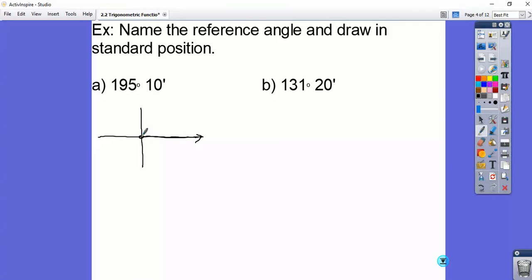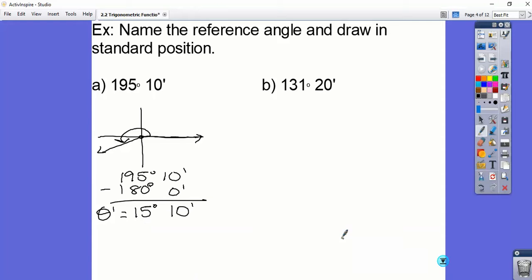It's a little bit bigger than 180. So then how would you find it? Subtract 180 from that. It's like 180 degrees, 0 minutes. So we just do 10 minus 0 and 195 minus 180.